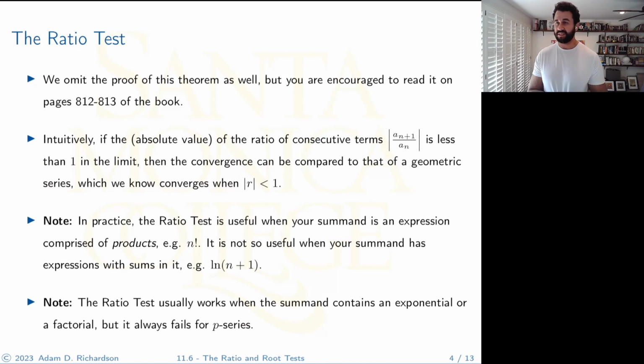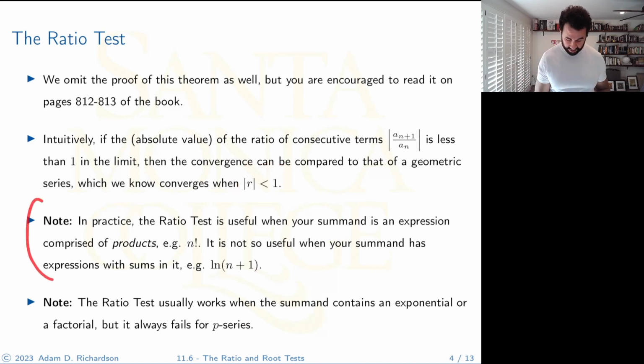If I remember correctly, I think that's what you do in the proof. I can't remember off the top of my head, but I'm pretty sure that's how you prove this result. Basically, look at the ratio of consecutive terms, and then you can look at how it compares to a geometric series, which we know converges when r is less than 1.